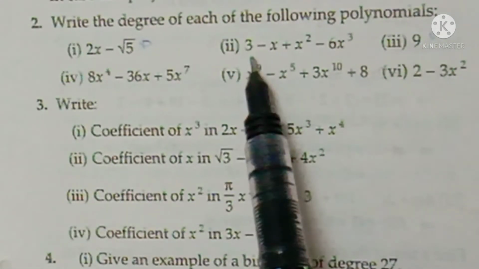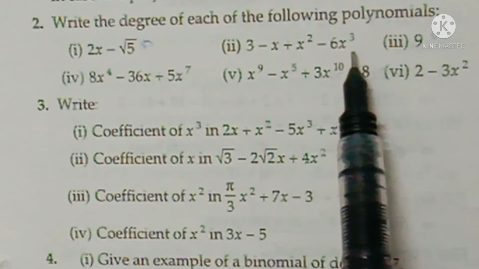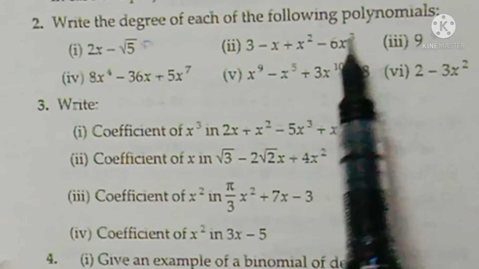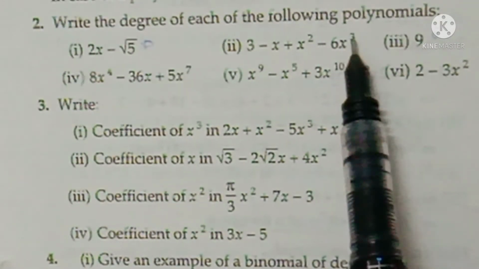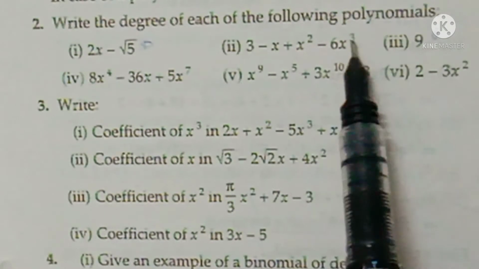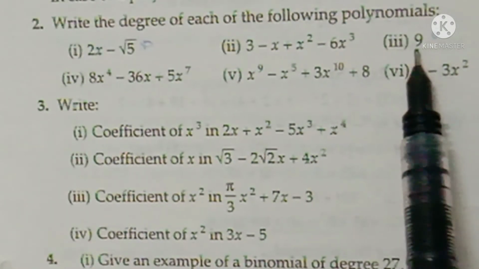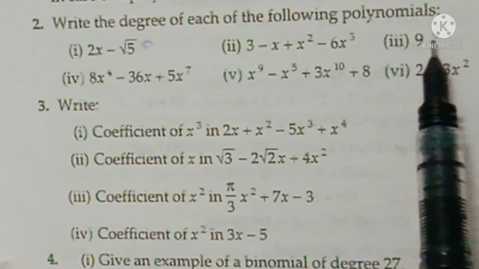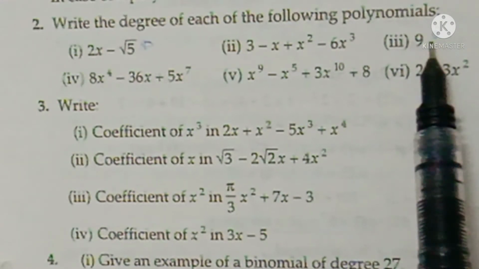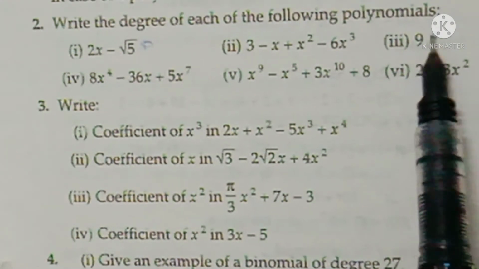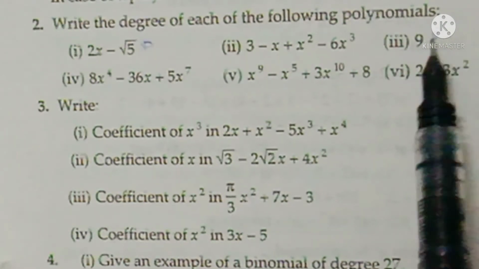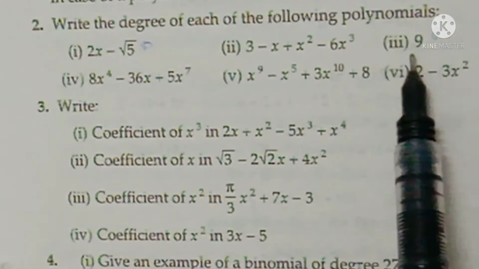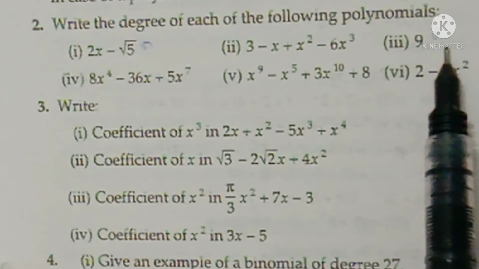Now see the second part. The highest power of the variable is 3, x to the power of 3. So it is a polynomial of degree 3. Now this is a constant polynomial, and in a constant polynomial the degree will be 0 because of x to the power of 0. So this is a constant polynomial of degree 0.